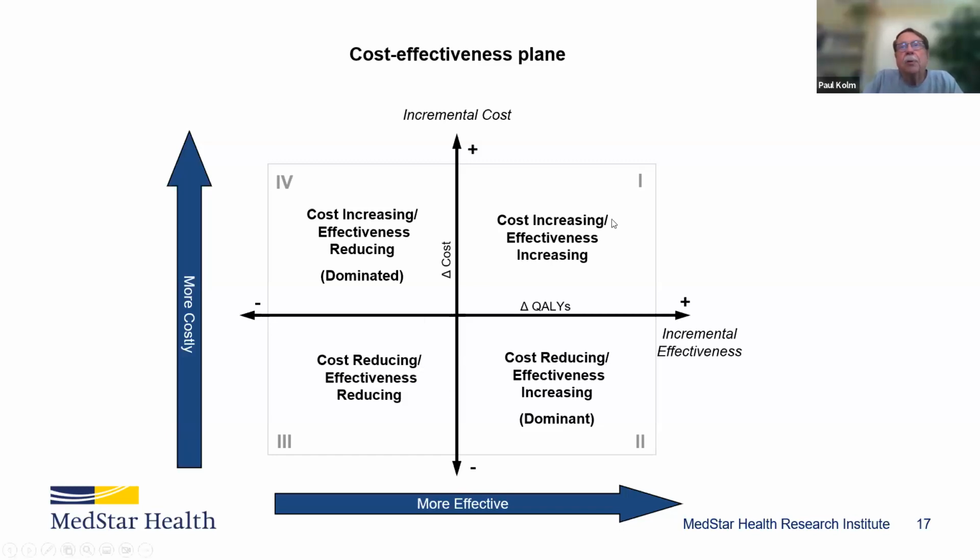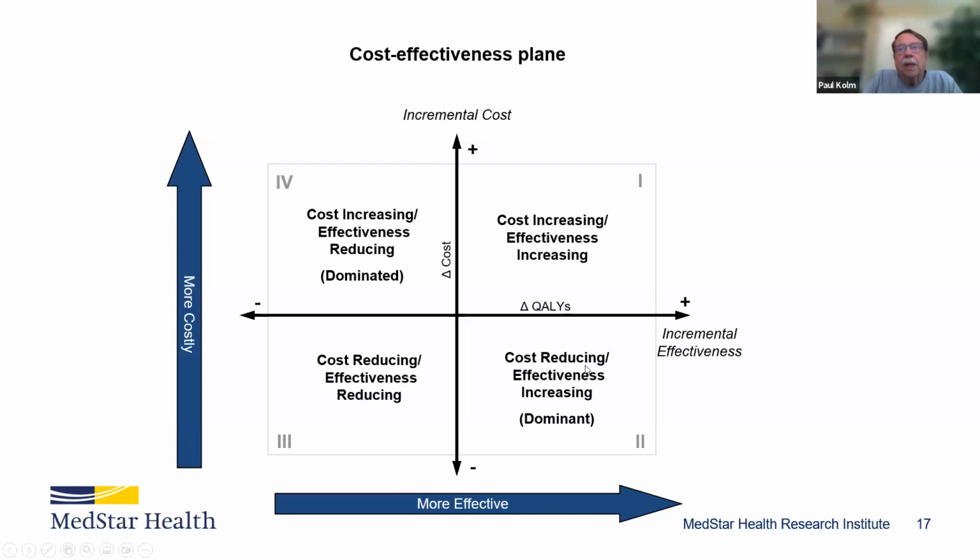So we start in quadrant 1 here, and this is referred to as the cost effectiveness quadrant. So we have higher cost, but we have more effectiveness. And this is where we're interested in calculating our ICER to see what that is.